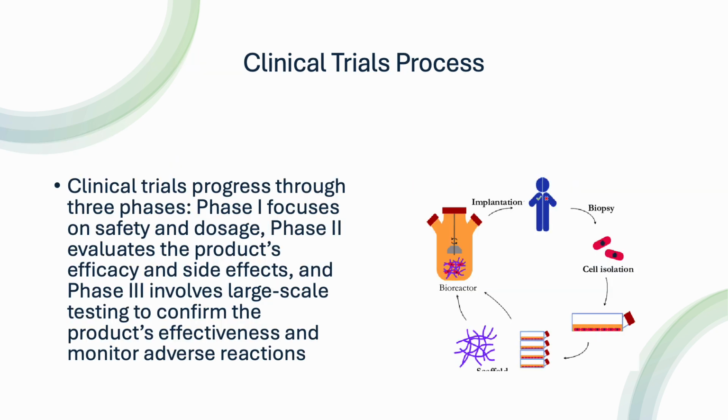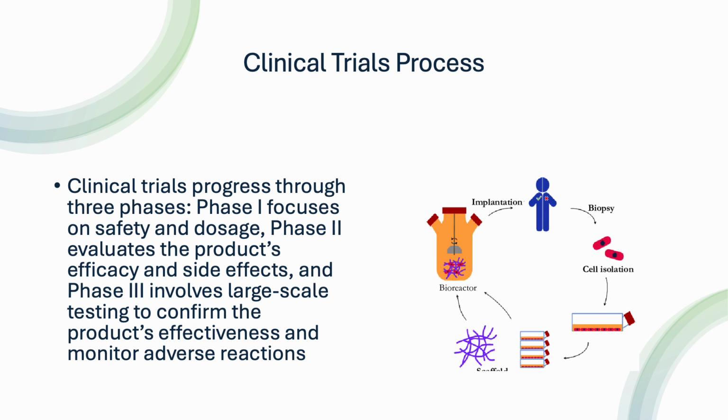Now, clinical trials are critical to provide and to prove, of course, that a tissue-engineered product is both safe and effective. That's why we go over phase 1 that ensures safety, and phase 2 for testing efficacy, and phase 3 for confirming the benefits of the product on a larger scale.